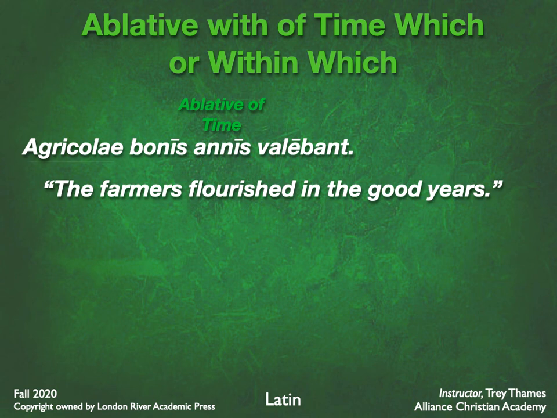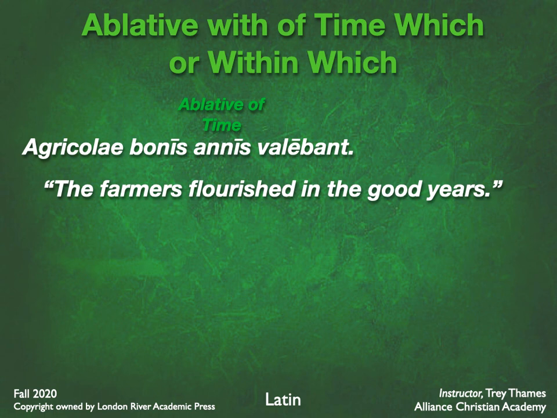Agricolae bonis annis valebant. Agricolae is your subject, the farmers. The farmers, what are they? Valebant. Well, it's from valeo, means to be well. In this sense, we're going to translate as flourish. And this is imperfect. So the farmers flourished, but then we got annis. Well, we got the word year.